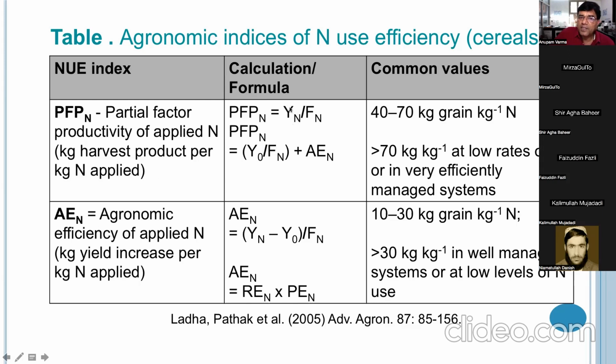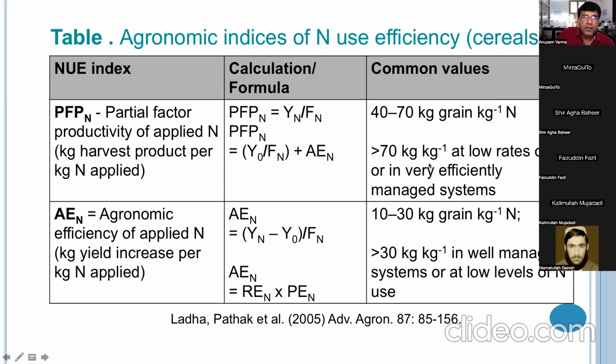So YN means yield divided by fertilizer nitrogen applied, whatever nitrogen. So here contribution of soil is included. So the range of partial factor productivity is 40 to 70 kg grain per kg nitrogen. This is the range. And it can be more than 70 kg per kg of nitrogen if the rate of application is low.